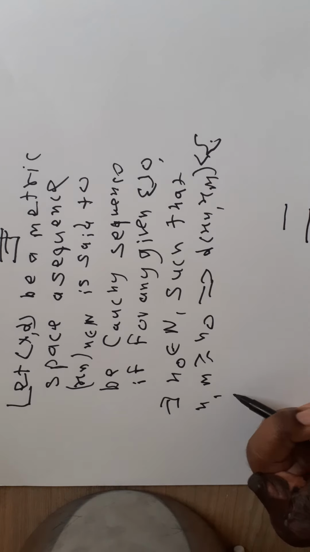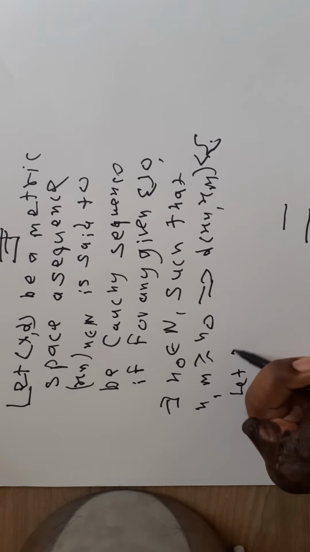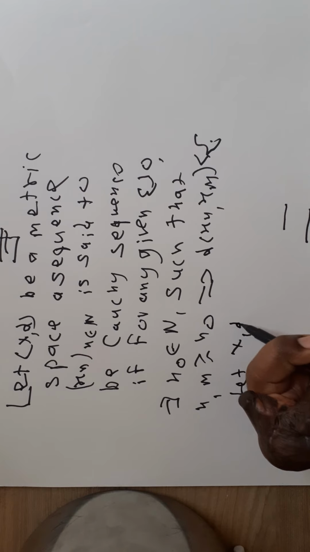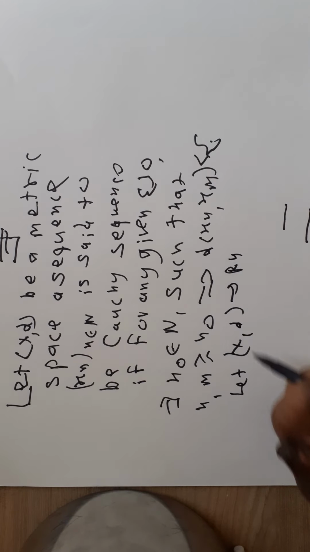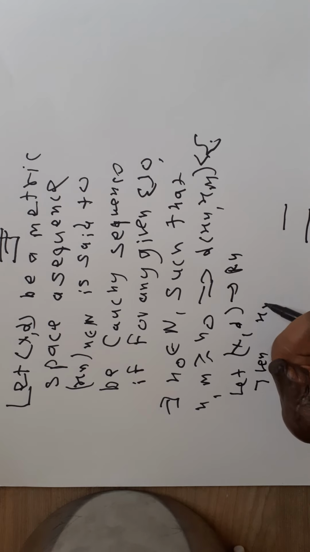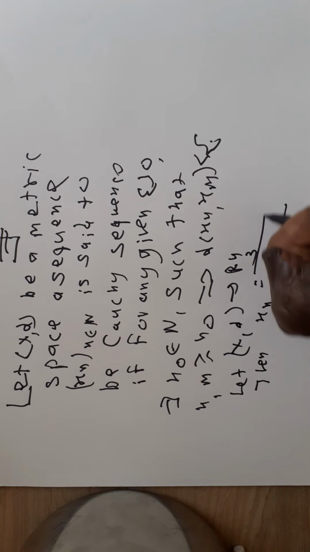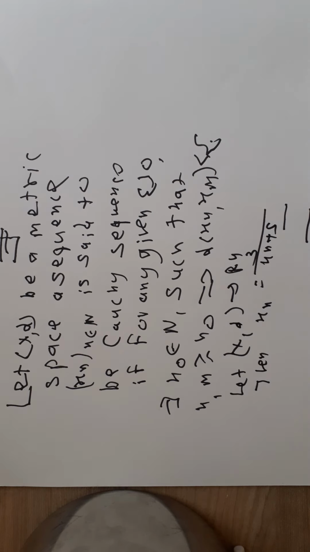For example, let (X, d) equal R, the set of real numbers with the absolute value metric. Let xn be equal to 3 upon 4n plus pi.